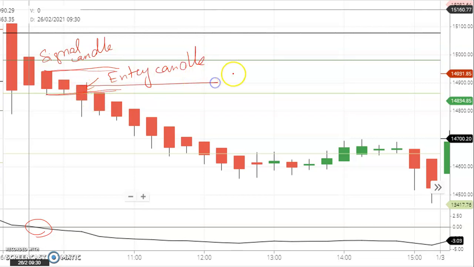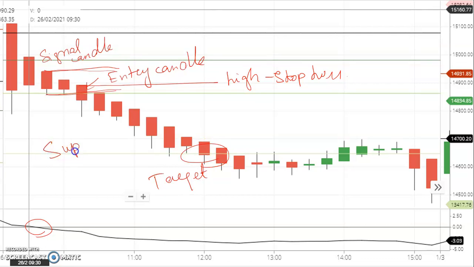The entry candle's high is the stop loss. The nearest support is the target. So this is the support line. There is a small modification when compared with buy in respect of target and stop loss. However, the strategy of breaking the signal candle is the same.